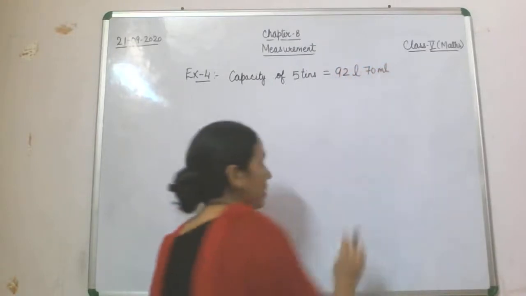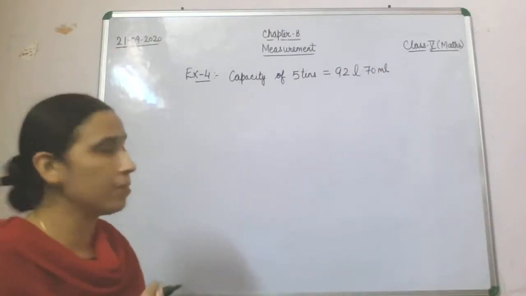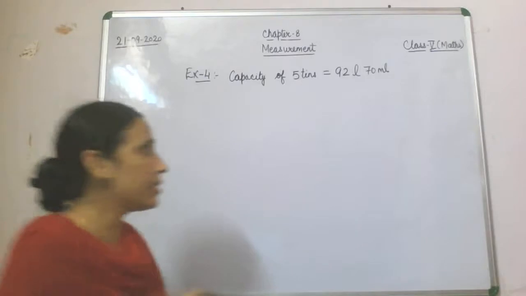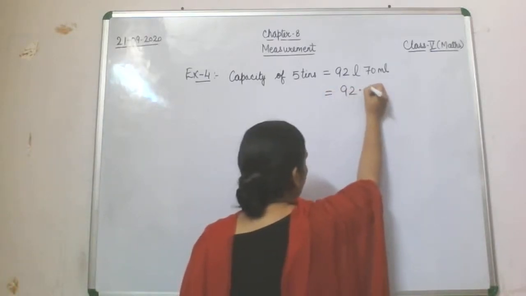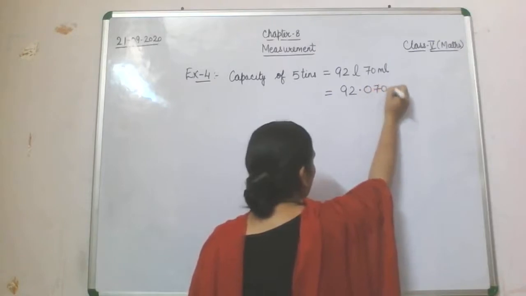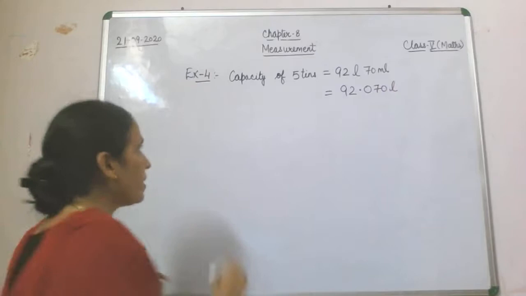Now the first thing is how to write this 92 liters 70 milliliters in liters. So we'll write it 92.070 liters.